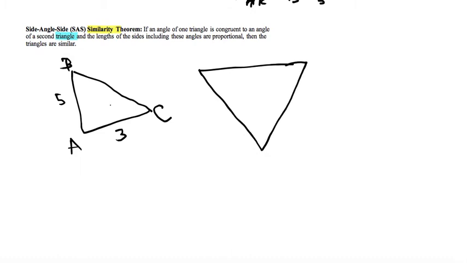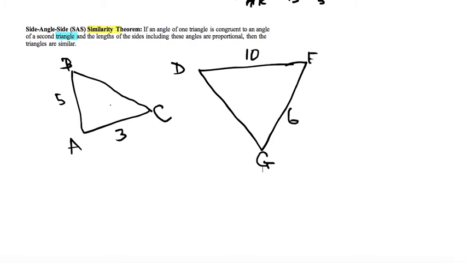We'll say that this side length is 10, and this side length here is 6. And we'll call this triangle DFG. Okay. So far, all I have here are two proportional sides. I hope you can see that 3 and 6 have a ratio of 1/2. 5 and 10 have a ratio of 1/2.